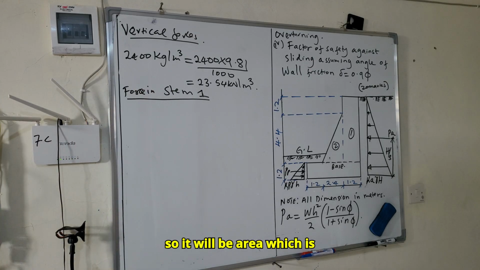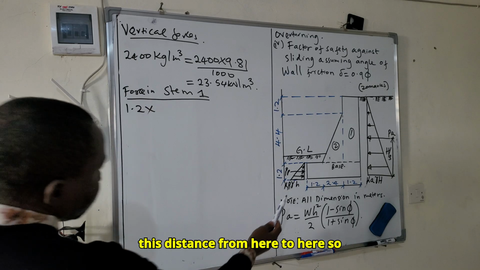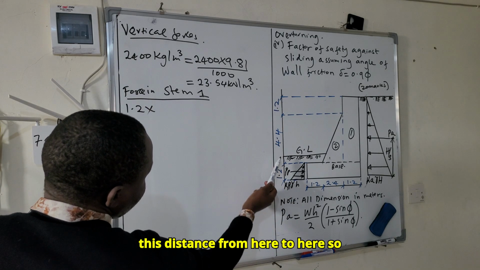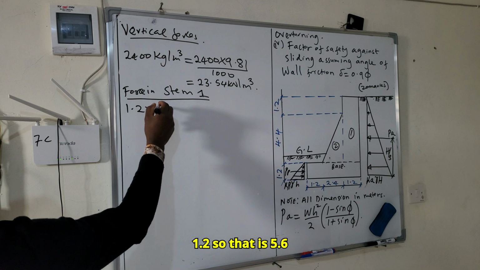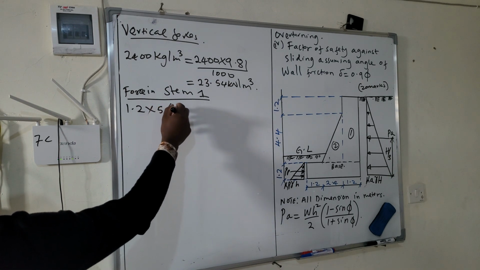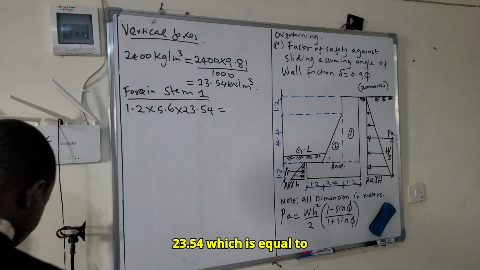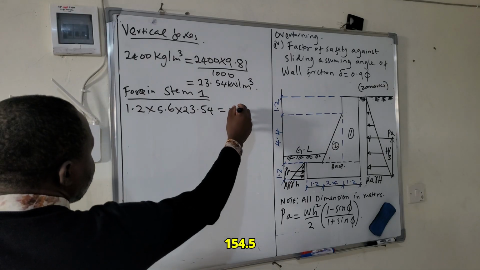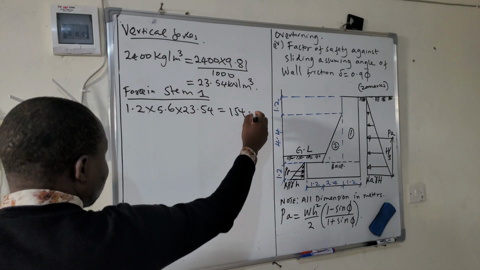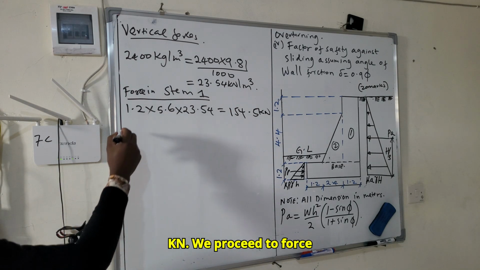It will be the area, which is 1.2 times the distance from here to here, that is 4.4 plus 1.2, so that is 5.6, times 23.54, which is equal to 154.5 kilonewton.